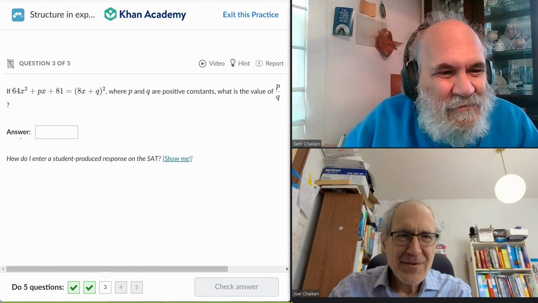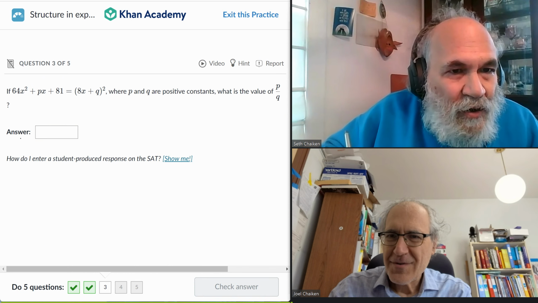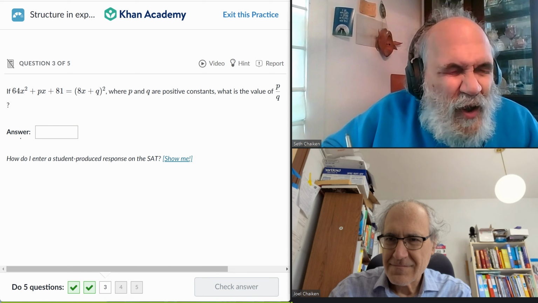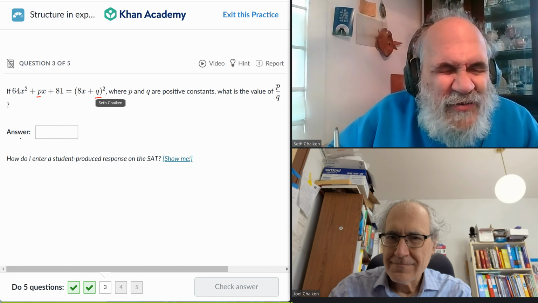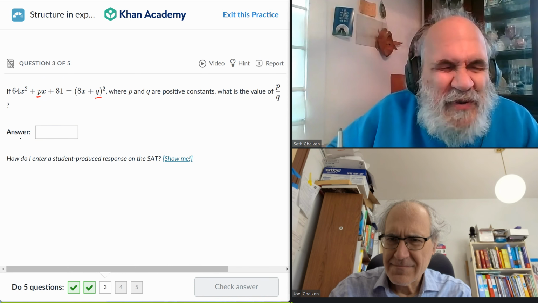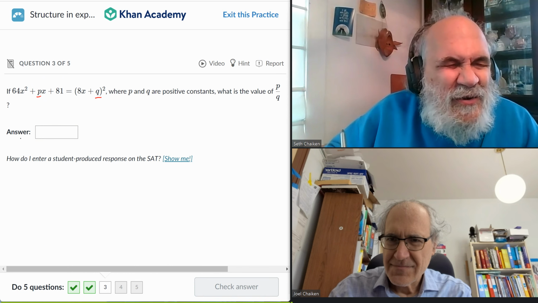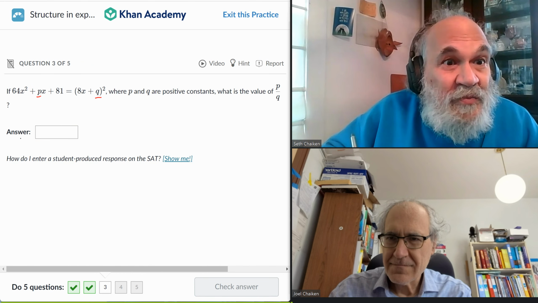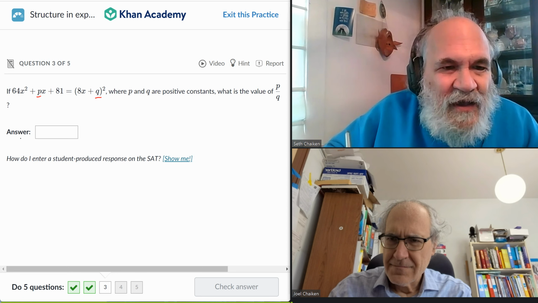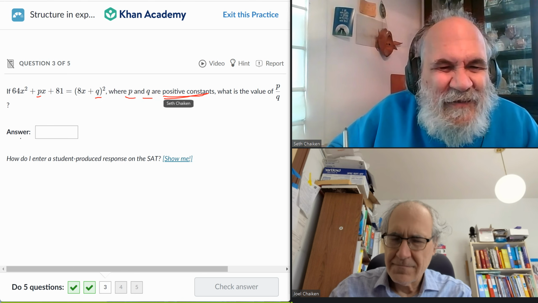So we have a P and a Q. What is the value of P divided by Q? Ooh, this is a hard one, harder than the other. What you're told is that these two expressions are equal, that P and Q are positive constants.